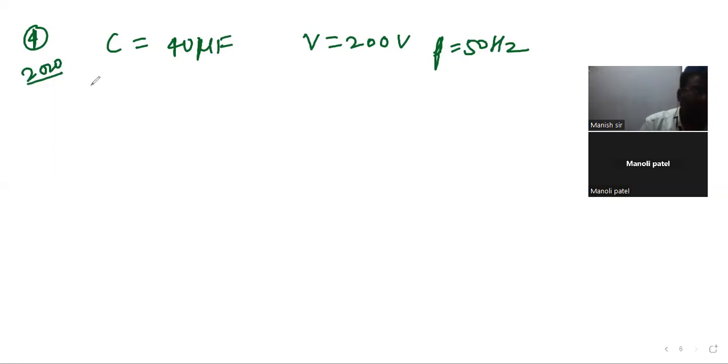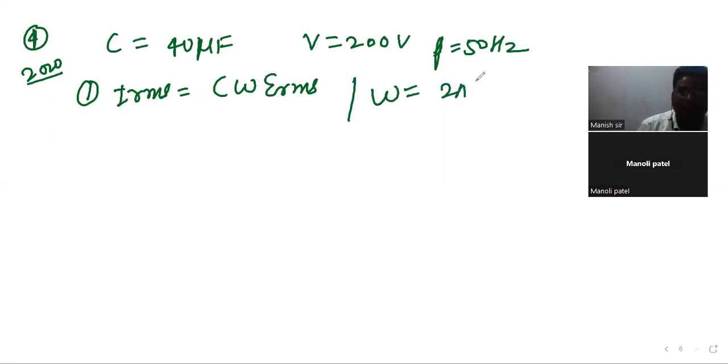So RMS value we know, IRMS is equal to C omega ERMS, right? C is your capacitor, omega is your angular frequency. So omega is also given by omega equal to 2 pi f, right?